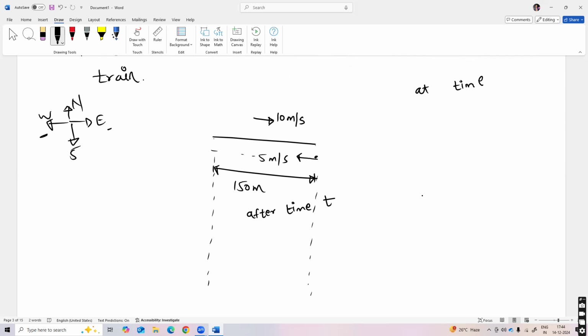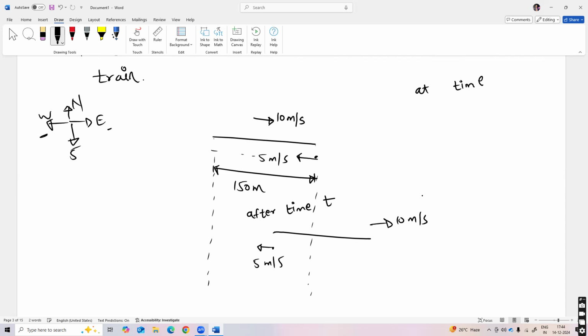After time t, let's say the train has arrived at this location. Now this is the position of the train, and the bird has reached this point. The bird is still moving at 5 meter per second. The train is moving at 10 meter per second towards east. The bird is moving towards west.